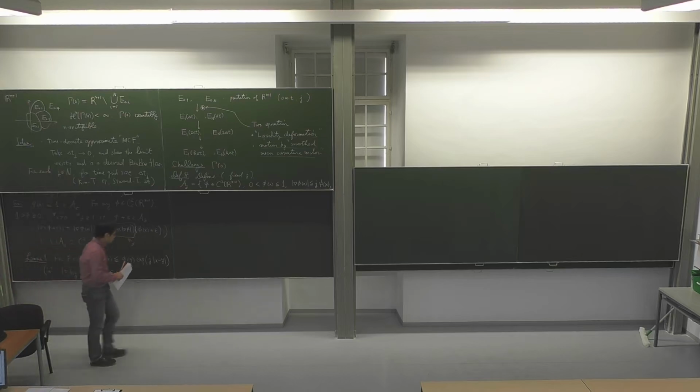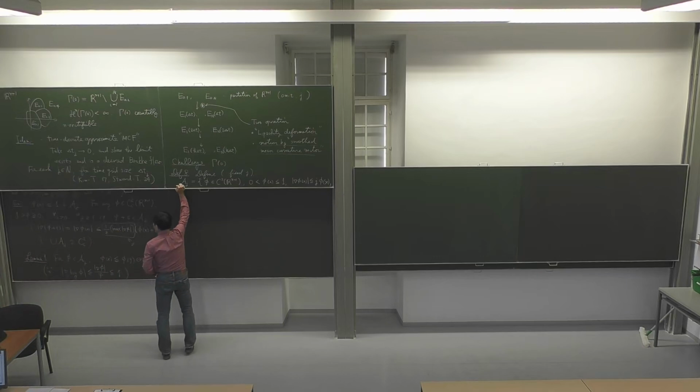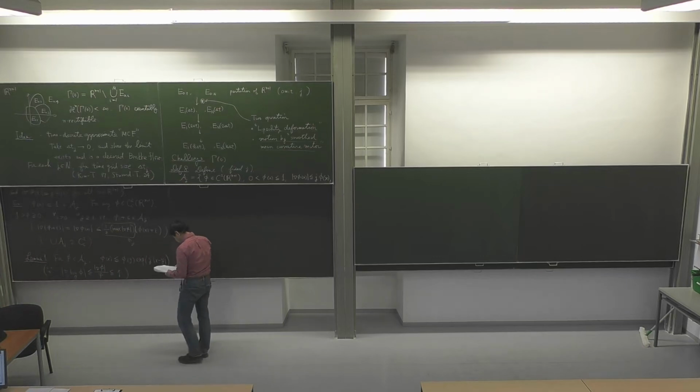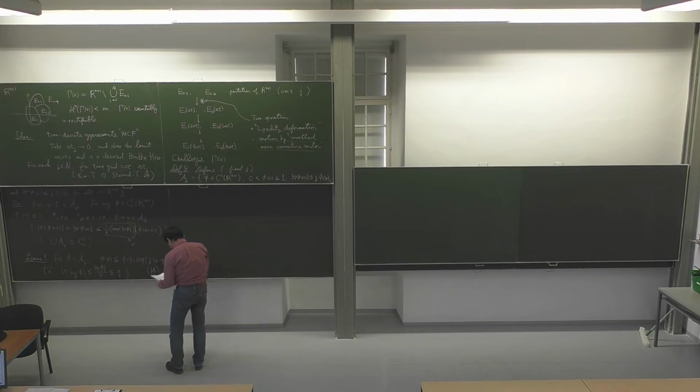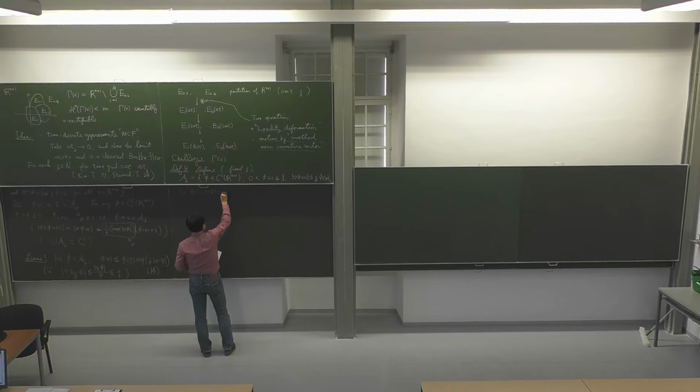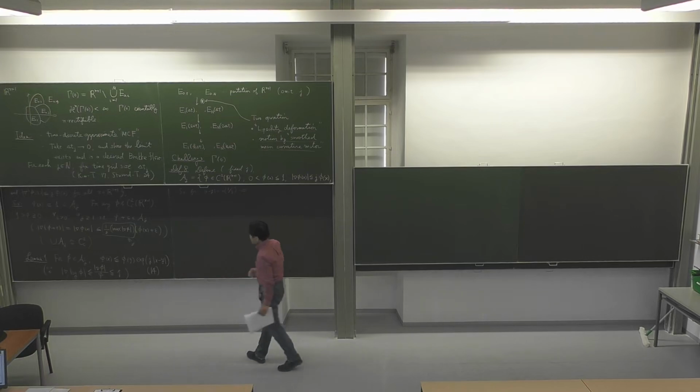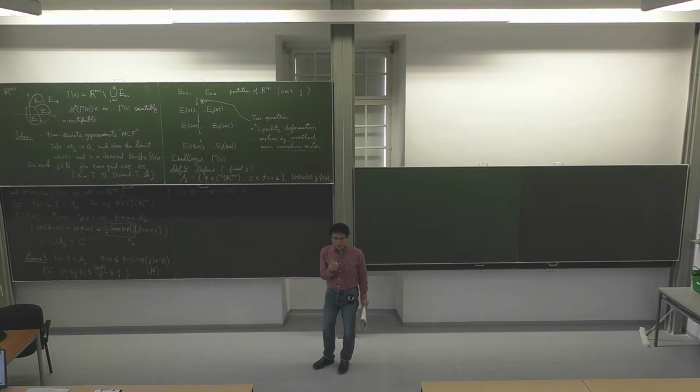So note that this implies that phi has a very interesting property, which I'll put as number 14. The numbering is strange, but let's put this 14. What I'd like to point out is that for x minus y, if the distance is much smaller than order 1 over J, then this function behaves more or less like a constant.